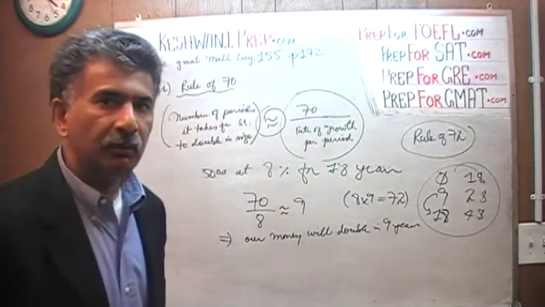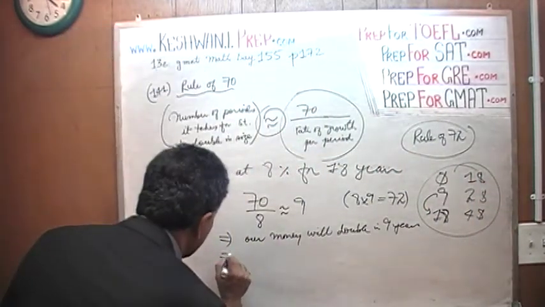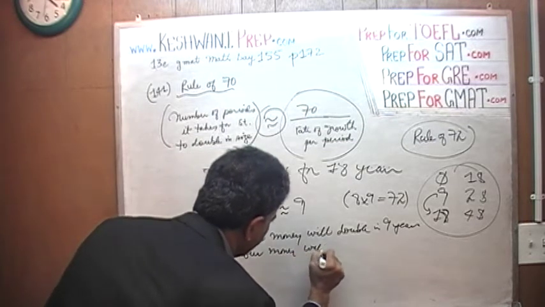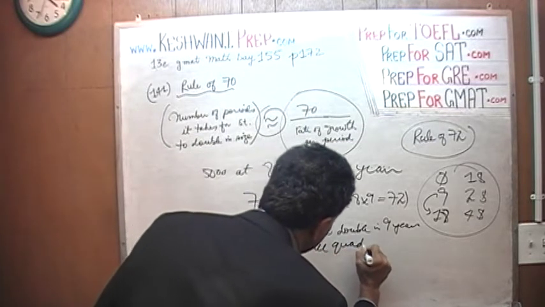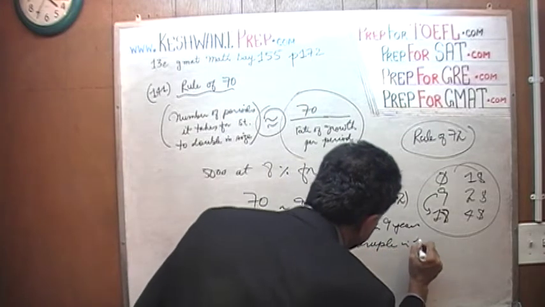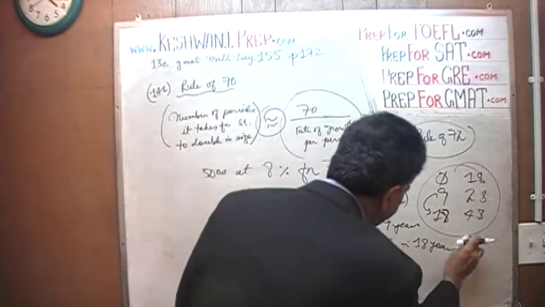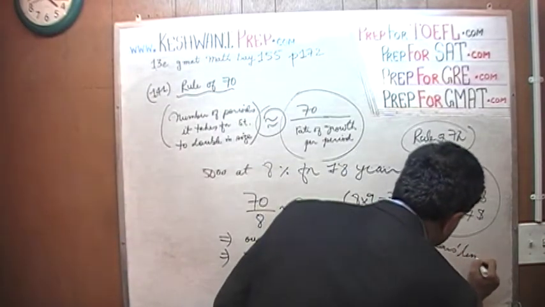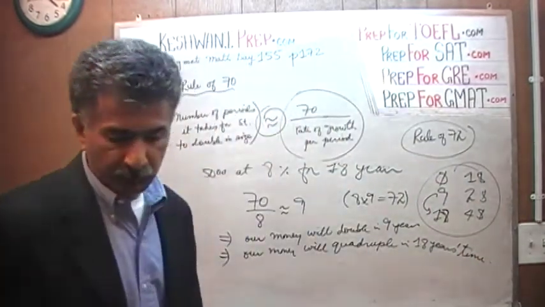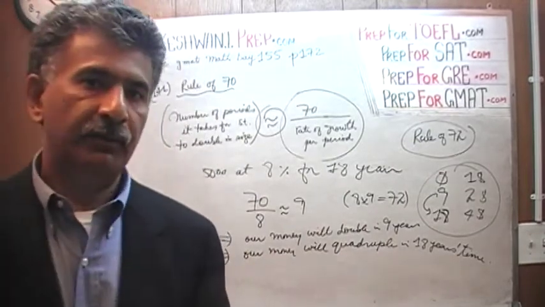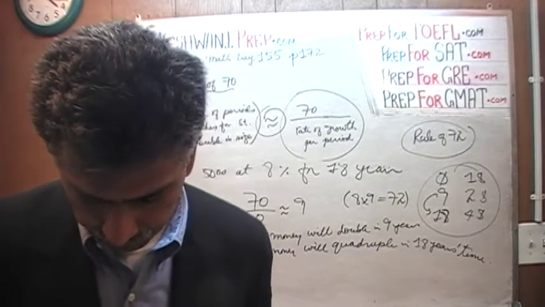In other words, our money would quadruple in 18 years' time. The question was, what would happen to our $5,000? Well, the answer is very straightforward. Our $5,000 will become $20,000. And the answer is A.